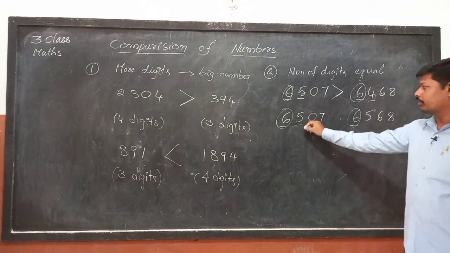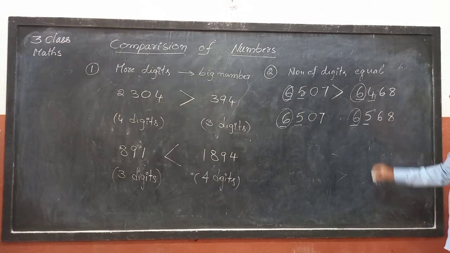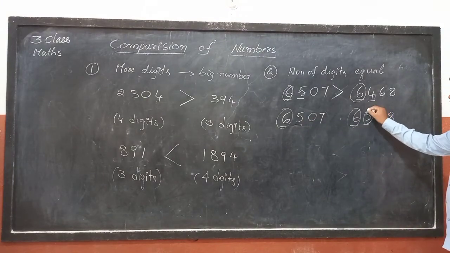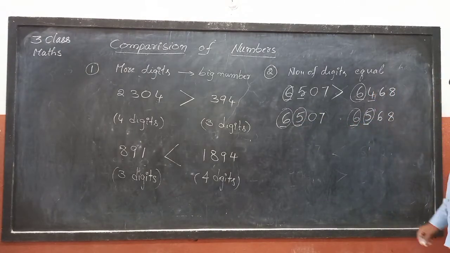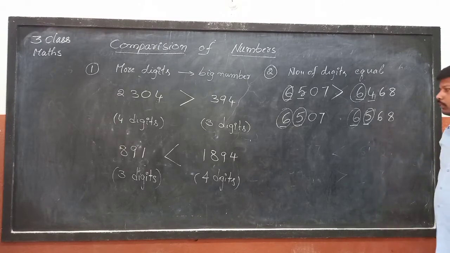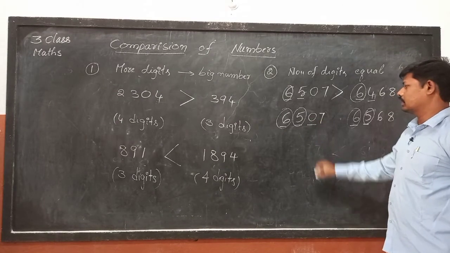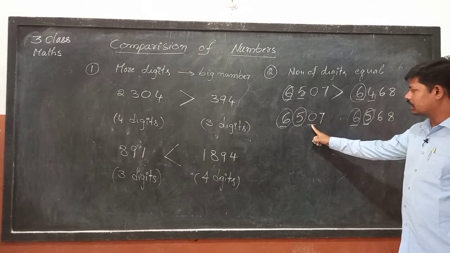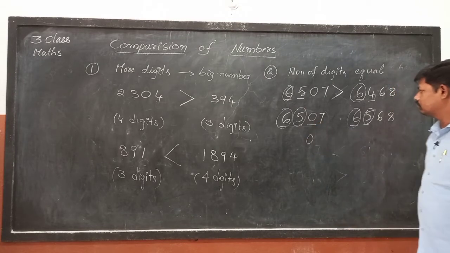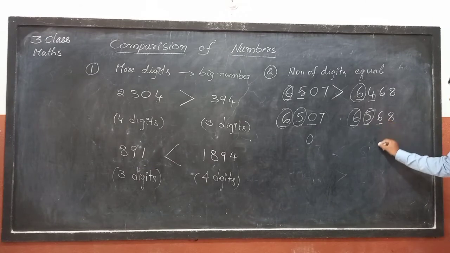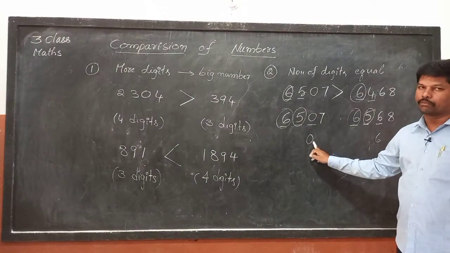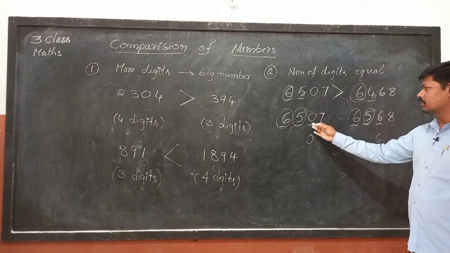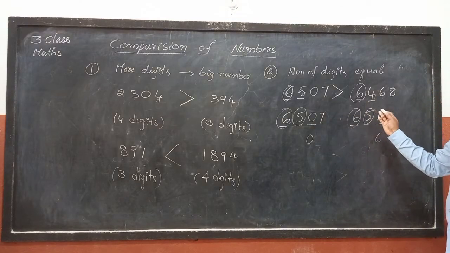Hundreds place here 5, here also 5. That means in hundreds place also we got same number. So the next number you have to compare, that is tens place. What is the digit here in tens place? 0. What is the digit here in tens place? 6. So which is big number? 6 is big number, and 0 is small number. So we can understand this number is smaller, this number is bigger.